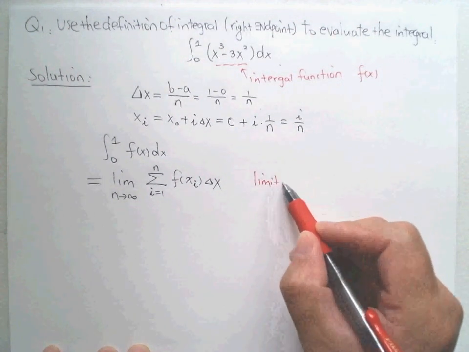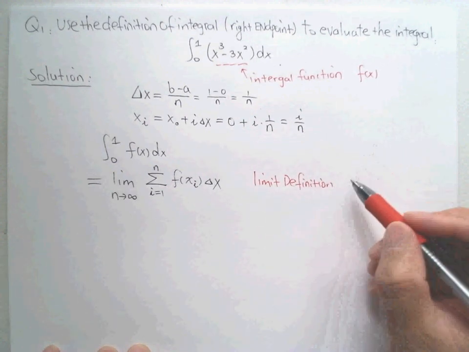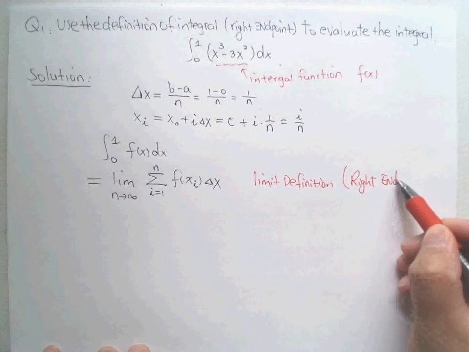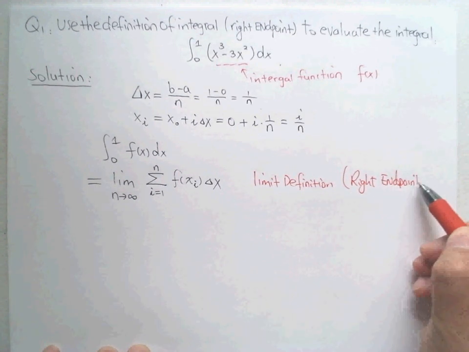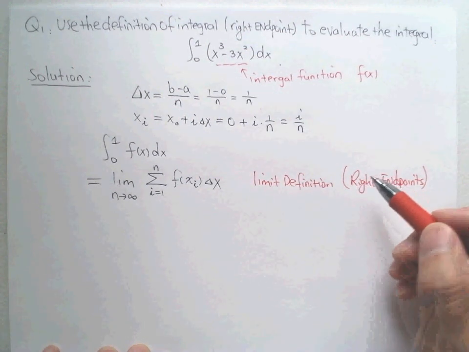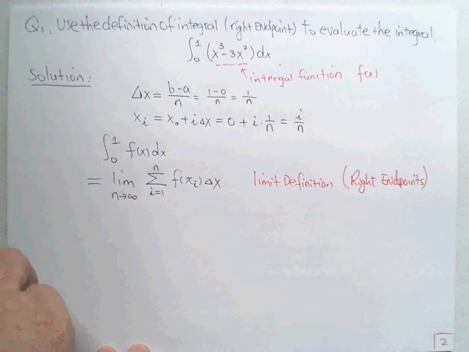Of course, we use the right endpoint here. You can also use the left endpoint, the midpoint, or any other points, but the right endpoint is the easiest one. Then we do the calculation.